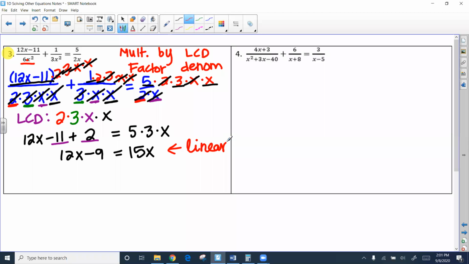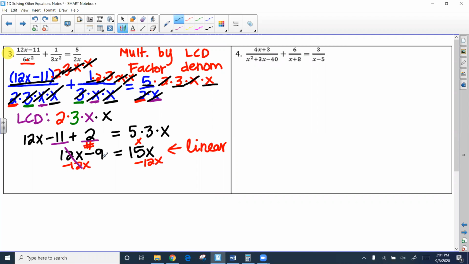So on a linear equation, we want to get the x's on one side and the numbers on the other. Because we're trying to isolate the variable. It doesn't matter which side. Since the negative 9 is the only number part, I'm going to go ahead and get the numbers on the left and the variables, the x's, on the right. So on the left side, I want to subtract 12x. And of course, whatever I do to one side, I do to the other.